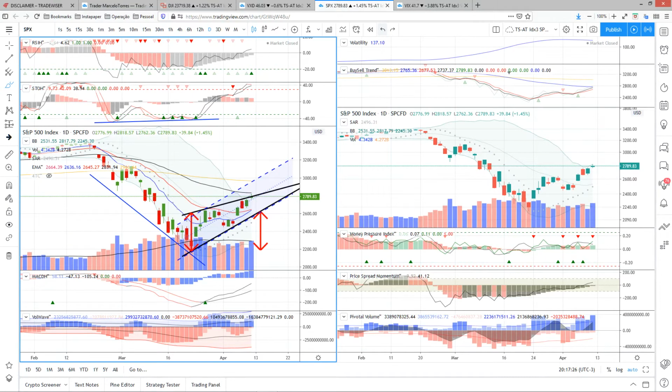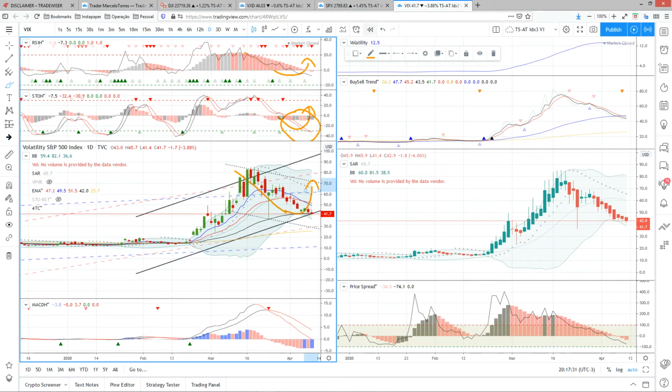Okay, like I said, we also saw in the VIX, while the S&P 500 was going up, we saw the VIX also slightly going up before it went down. And then it confirmed, because the volatility is going down. Okay, nice. But now we see the opposite.